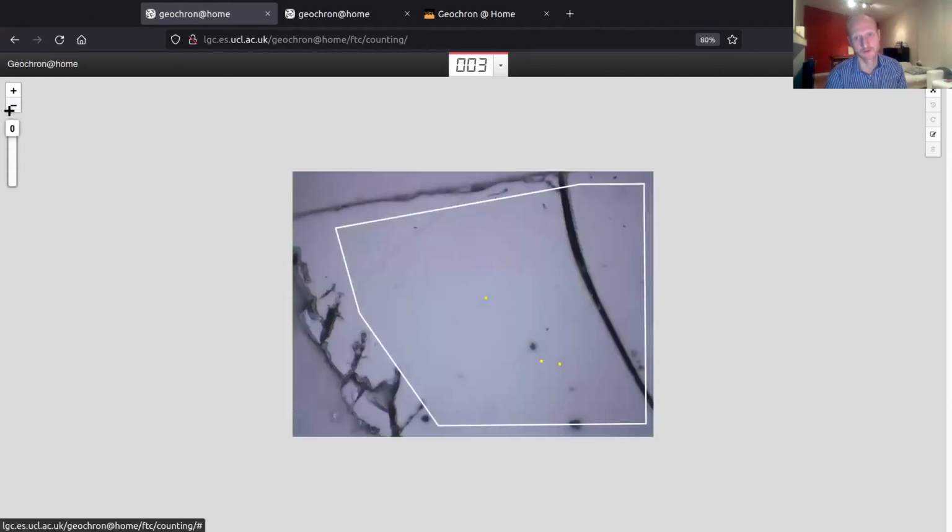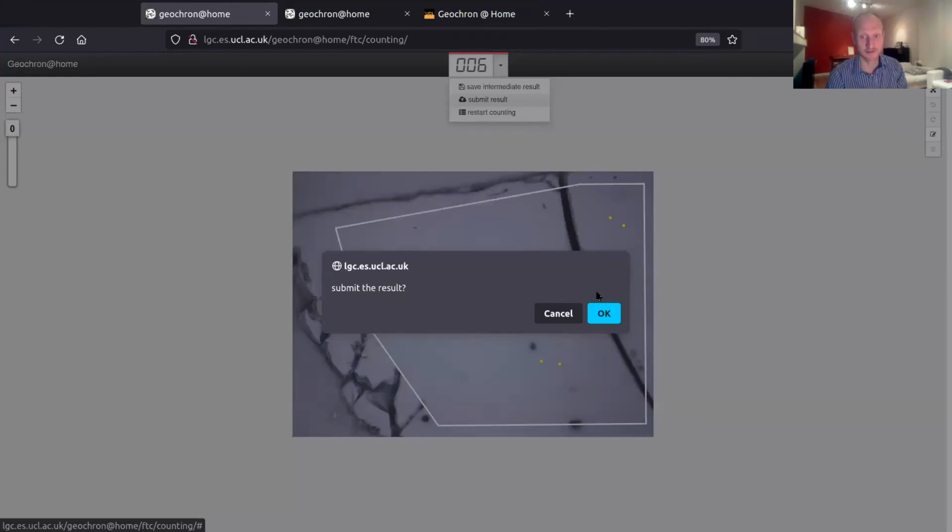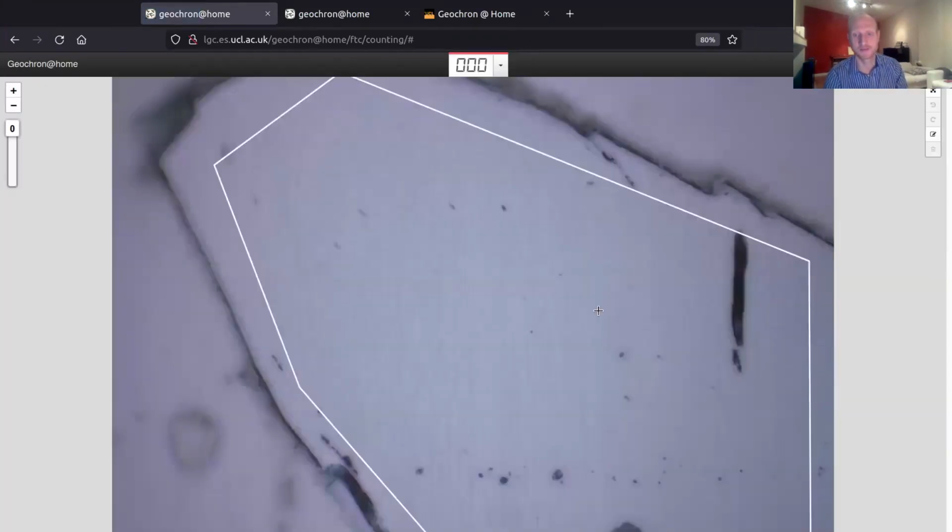And I've got, let's say, 3 more here. If I make a mistake, I am able to correct that mistake by clicking on here and then 2 clicks on either side. Right? When I'm happy with my result, I submit the result and you are presented with the next grain.